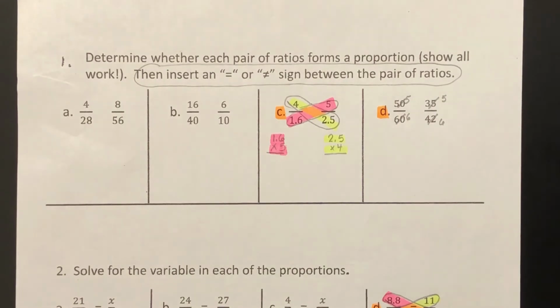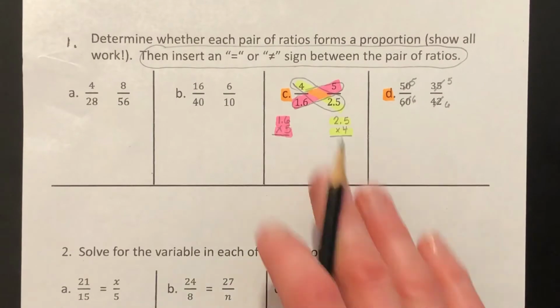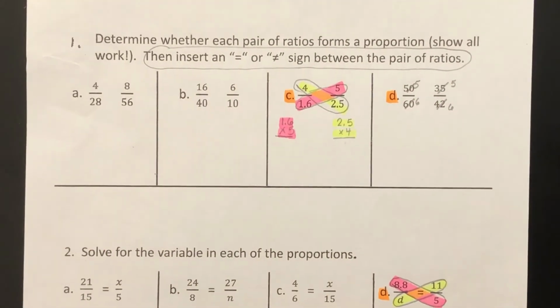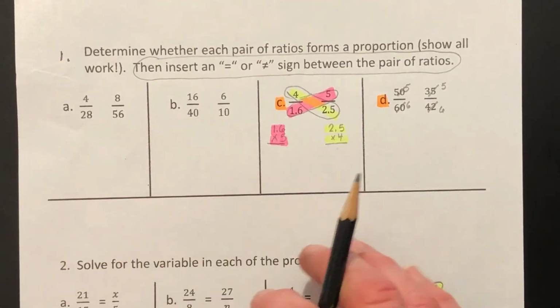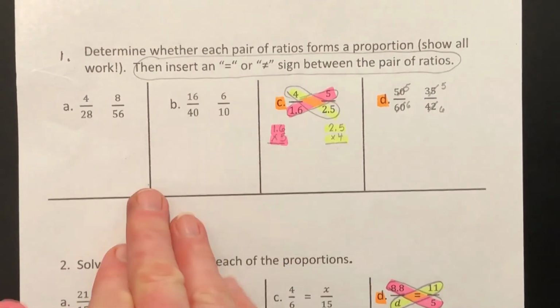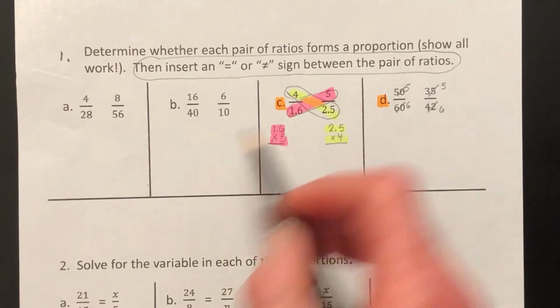How about that? The first set, be really careful because the directions on this are different than on the second part. You have done this, but it's been a long time. It's how we started in the very beginning. Basically, we already have 2 ratios. They are complete ratios. We don't have any missing numbers. We just need to decide if they are equal or not. And the way that you do that is you cross multiply.